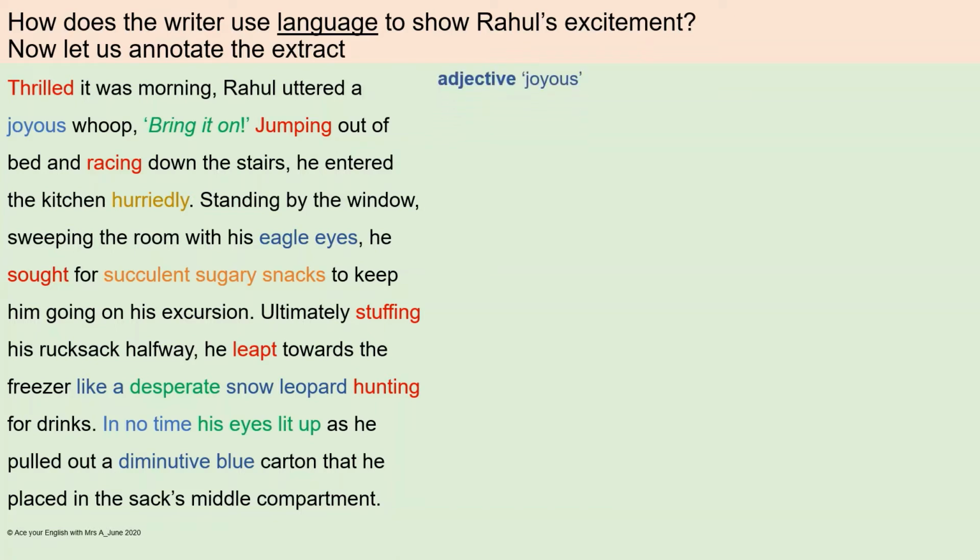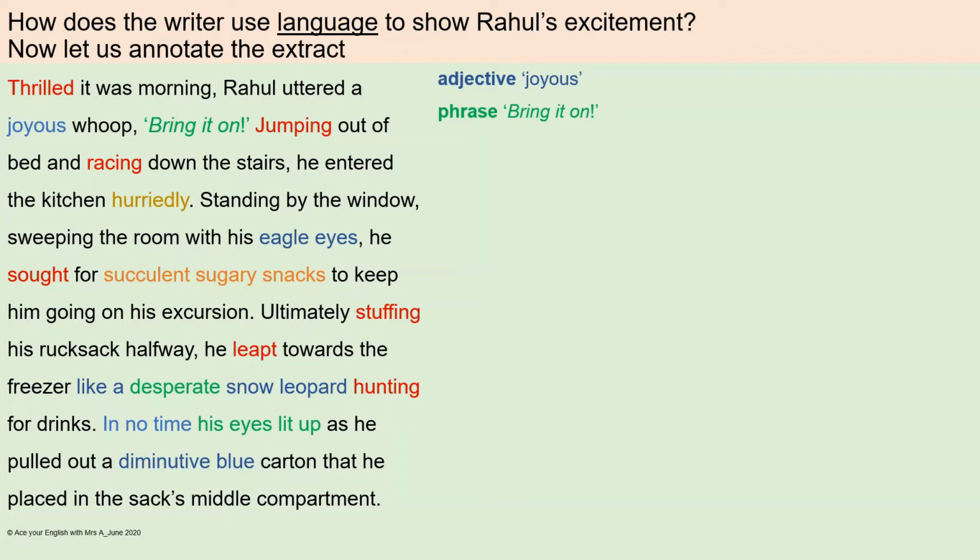So the first blue one at the top, joyous, is an adjective. So straight away, looking at the word joyous, it does go hand in hand with excitement, doesn't it? So by the time you find things like that, you're beginning to identify what's going on. And then the phrase, bring it on. When do we say that?